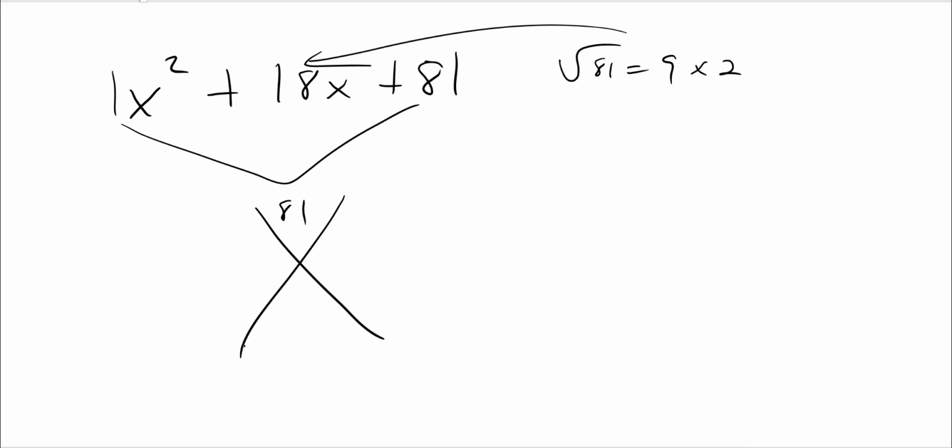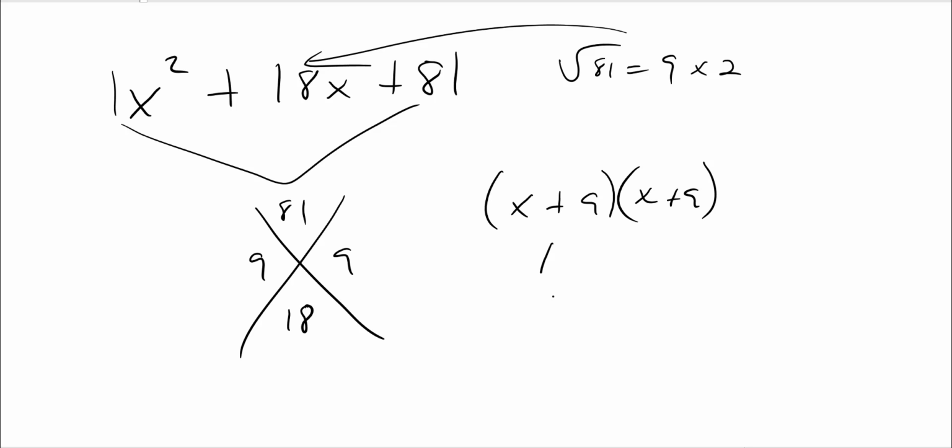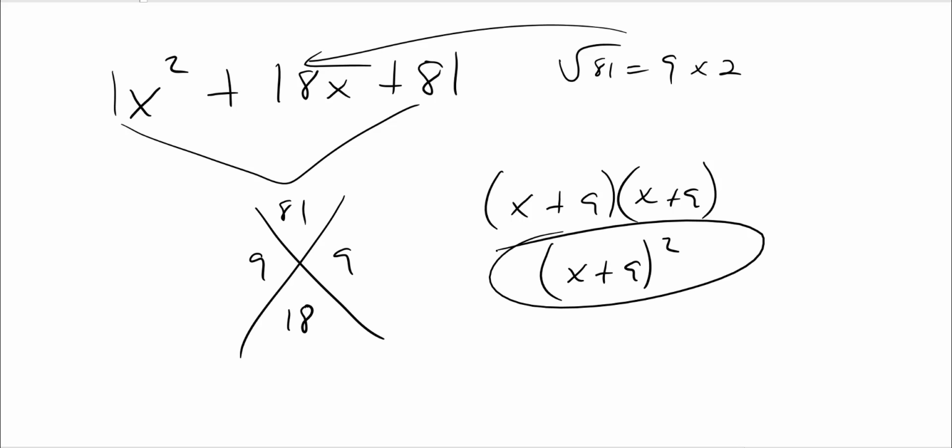And since I know it's going to be a perfect square, think of two numbers that multiply to give you 81 and add to 18 that are the same. Okay, well, it's 9 and 9, because 9 plus 9 is 18, and 9 times 9 is 81. So my answer is going to be x plus 9, x plus 9. And then you write this as x plus 9 squared. That's your answer. You've got to write it as quantity squared for that last one as well.